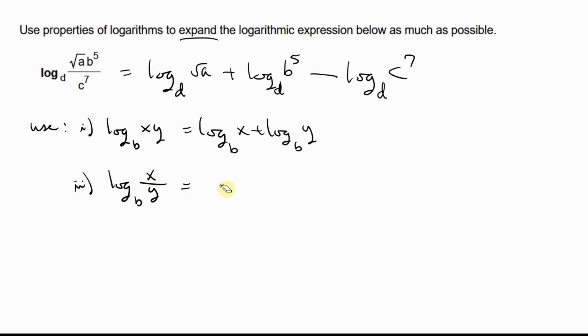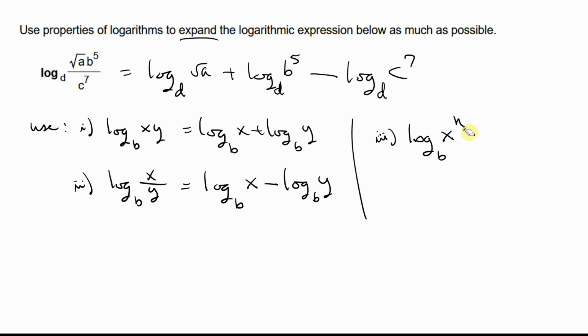They use m and n. I don't like those unless I'm eating M&Ms. Anyway, this is log base b of x minus log base b of y. And the third one we got to make use of here because we have some powers is log base b of x to the n is n times log base b of x.